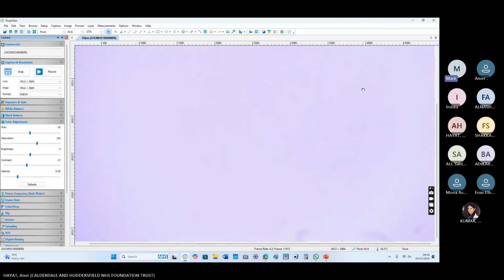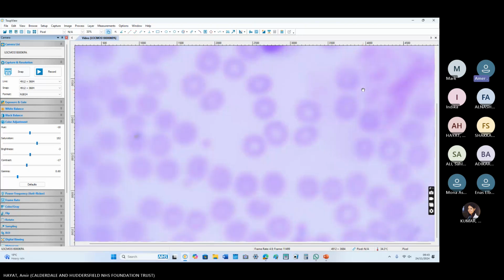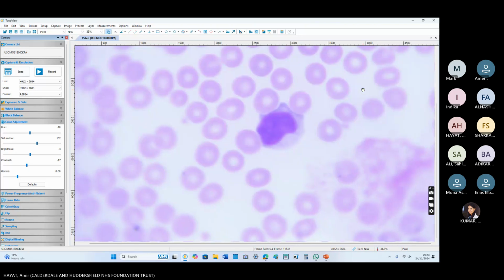What is the lymph count? The white cell count is 13. The lymphocyte count itself is 5. That looks a bit atypical.